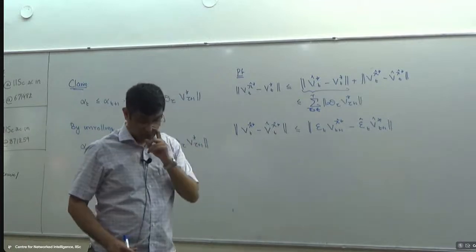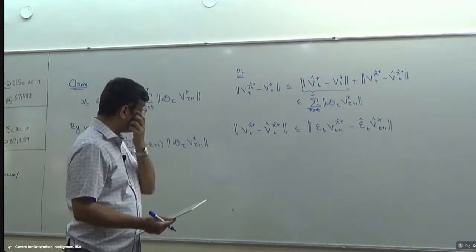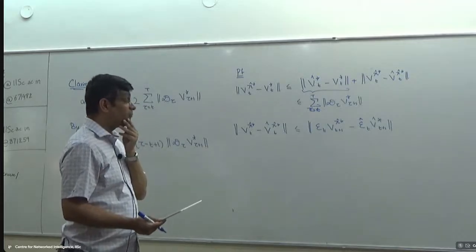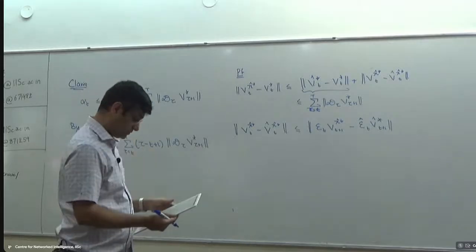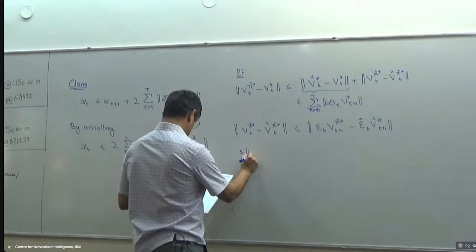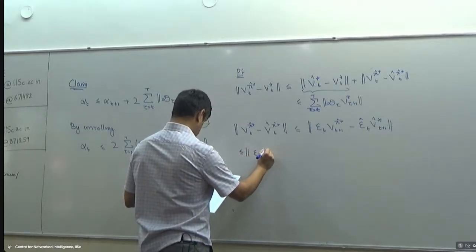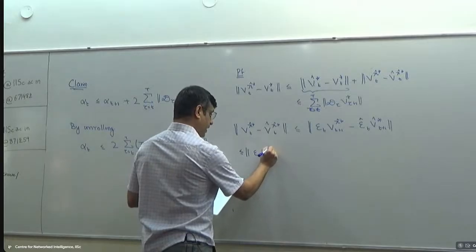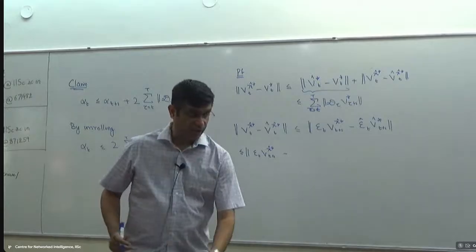And now is the bizarre triangle inequality, where I'm going to add and subtract terms till I get terms that I can work with. So this is less than or equal to psi t V pi hat star t plus 1 minus, and I definitely need colored pens here.